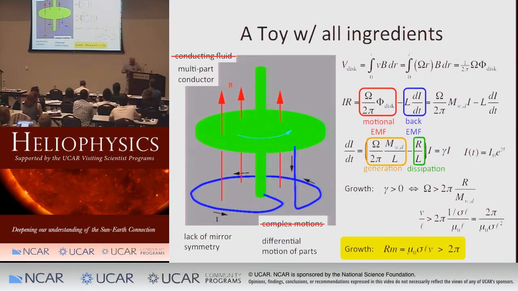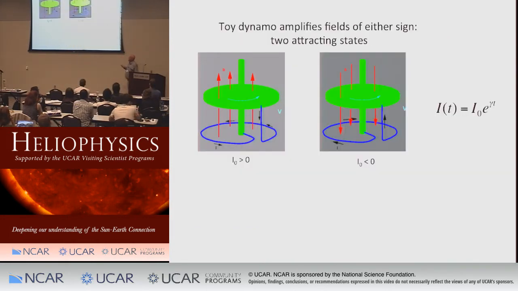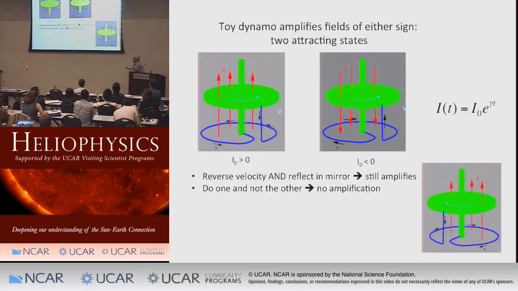So our dynamo, this thing here, can operate in 2 modes. It can amplify the magnetic field if it finds it upwards or downwards. Either way, you get a magnetic field that grows exponentially. Okay, 2 modes of operation. However, if I reverse the direction and flip the thing over in a mirror, I'll let you do this at home, it will also grow.